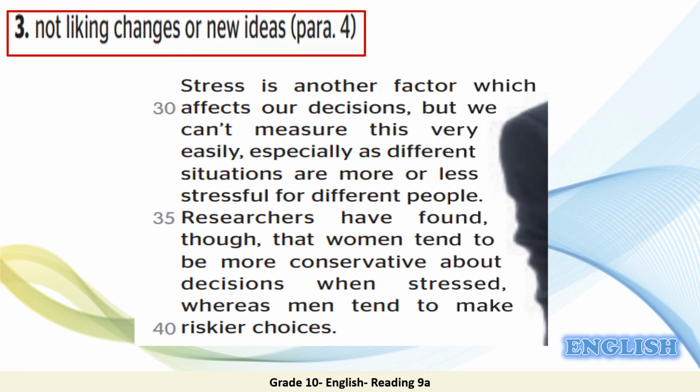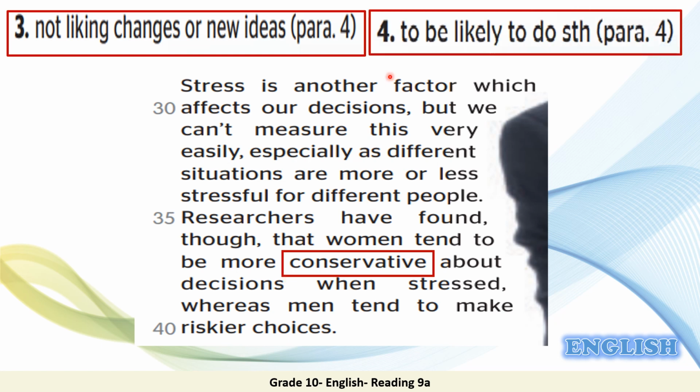Let's look at the third point, not liking changes or new ideas. You will find the word in paragraph 4, so read through it and try to find the word. Let's check the answer together. It is conservative. Very good. Now let's look at the fourth point.